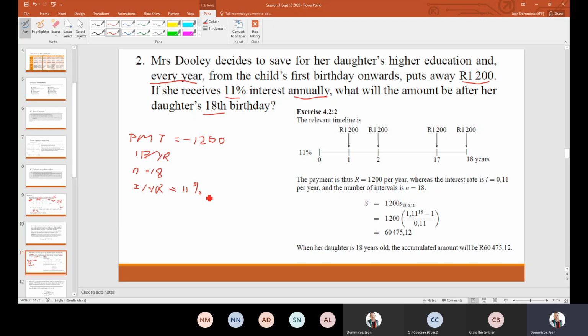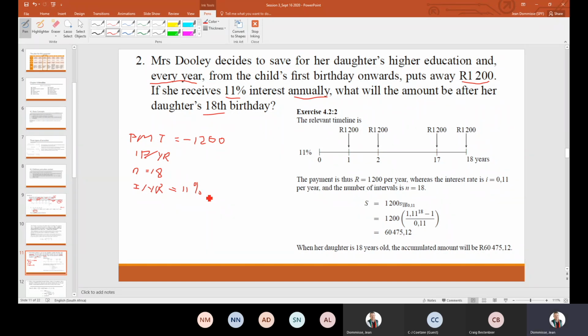It is 11%. So my future value I would get is 6475.12. So once again, just want to make sure, did you guys also get that? So nothing really has changed here. It's the same principle that you just apply once again.